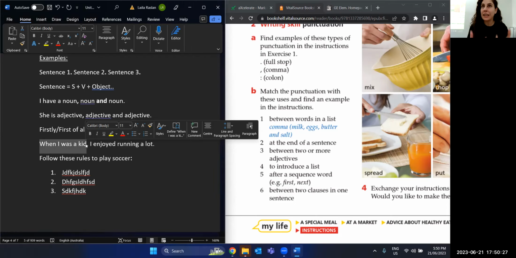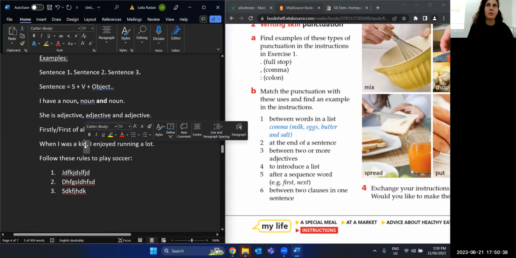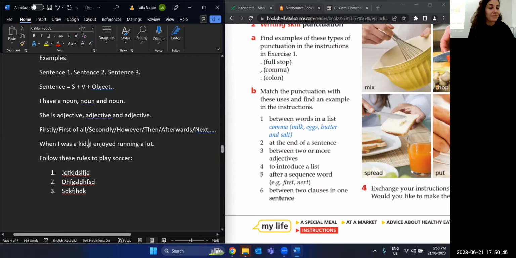It's a part which must go with another part to make one sentence, because I can't put a full stop here. It doesn't make sense. "When I was a kid" is not a complete sentence, so it's a comma. "I enjoyed running a lot" can be a sentence by itself.